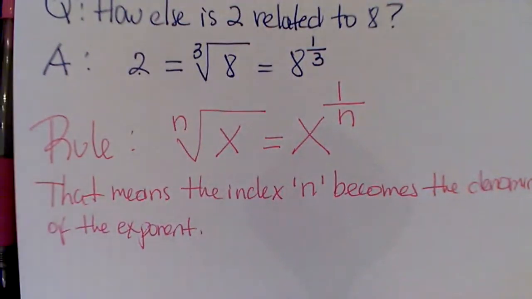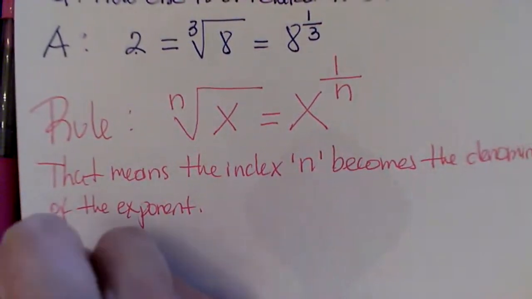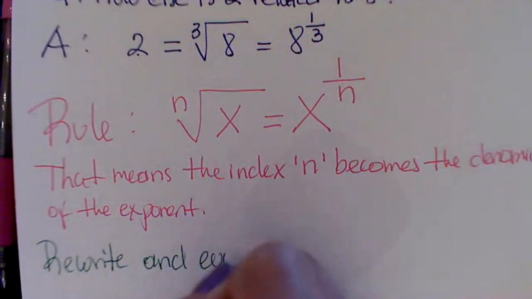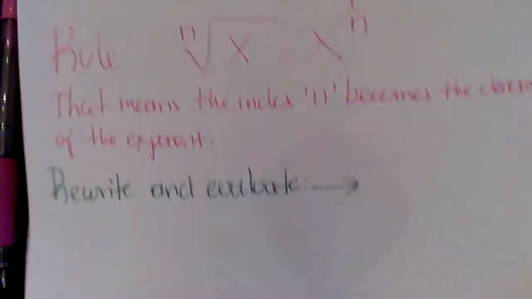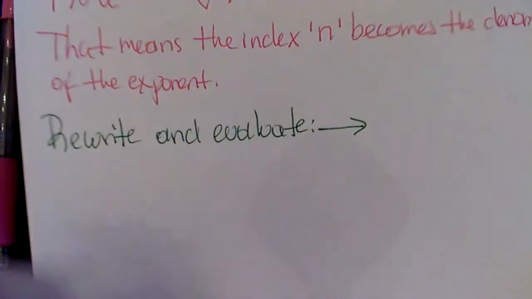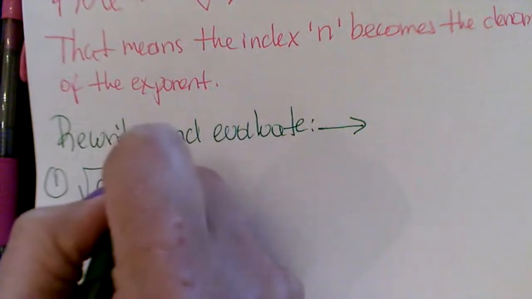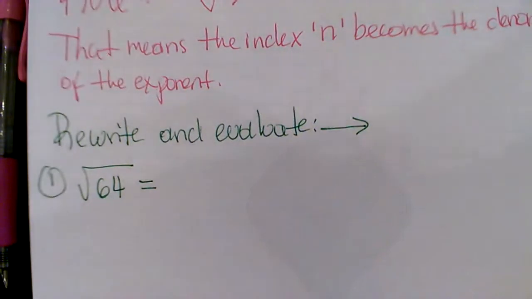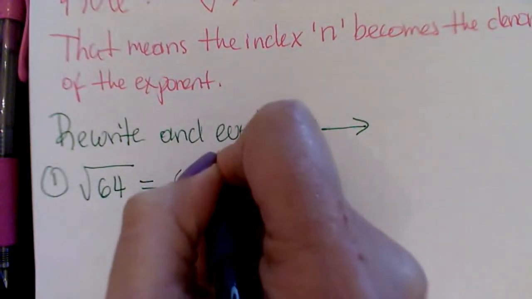Now let's do these exercises. The first one is the square root of 64. So the square root of 64 is 64 to what?